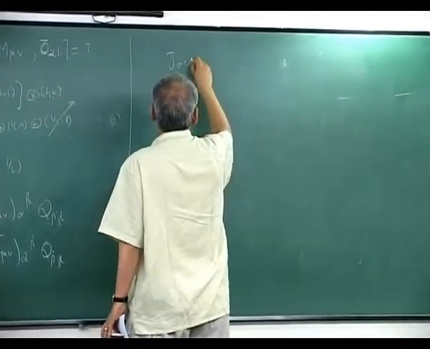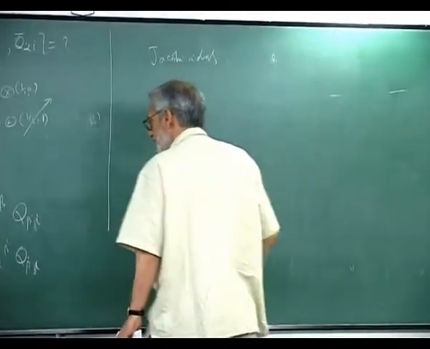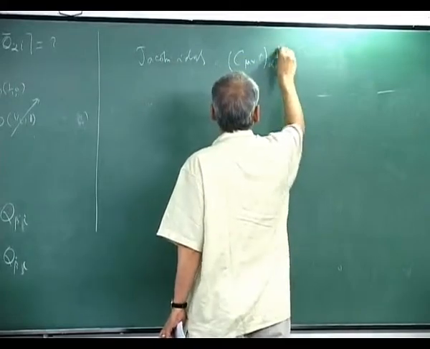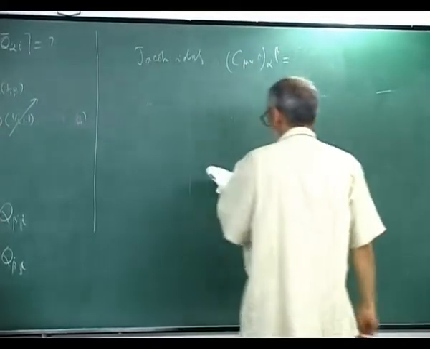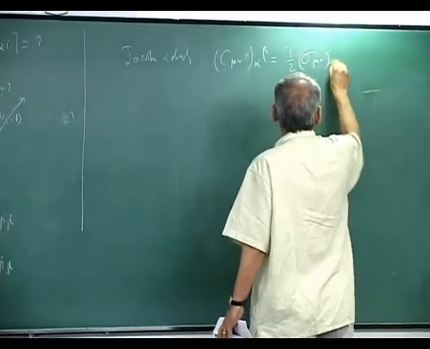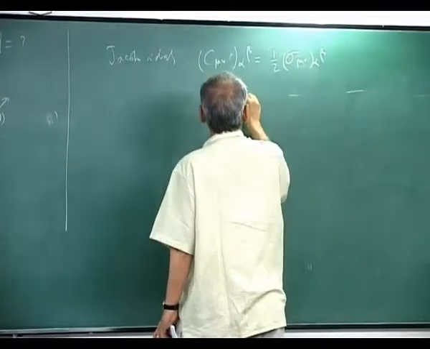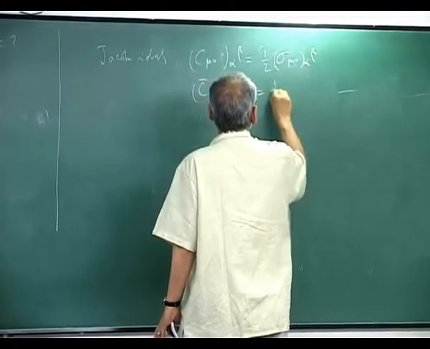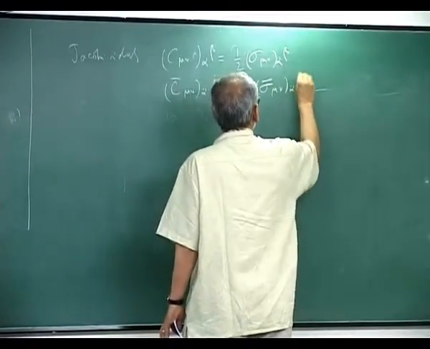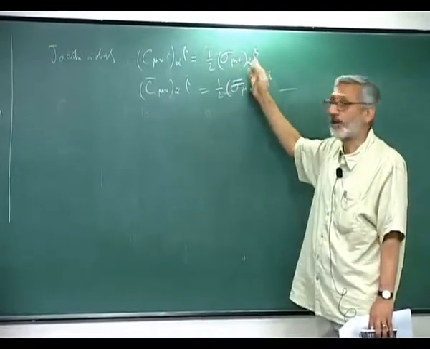Jacobi identity, and if you use that, now what is half? C mu nu alpha beta turns out to be sigma mu nu alpha beta half.